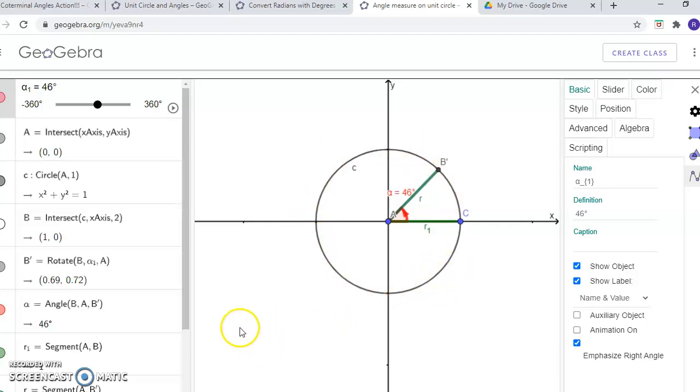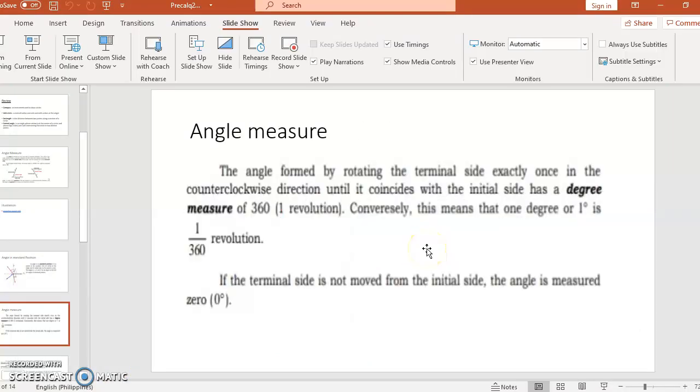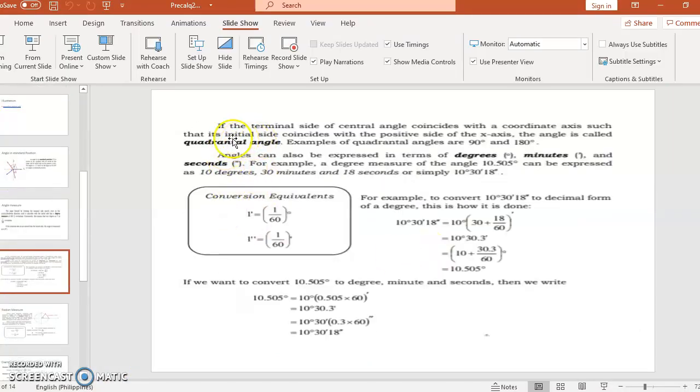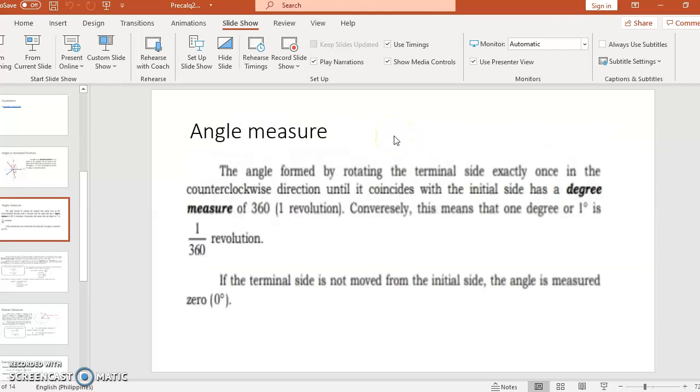Okay, let us go back first to our PowerPoint presentation. Now here, if the terminal side of an angle is rotated exactly once in the counterclockwise direction until it coincides with the initial side, the angle has a degree measure of 360, one revolution.